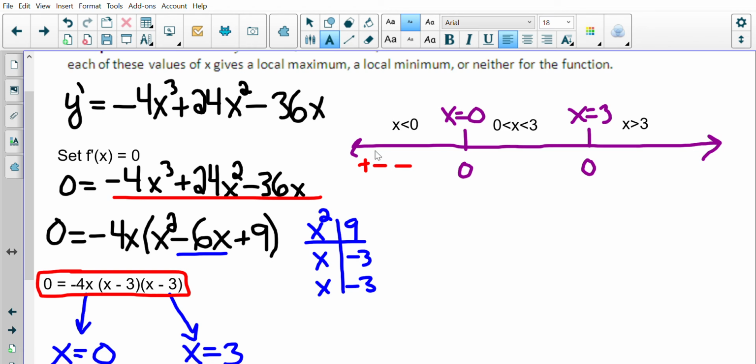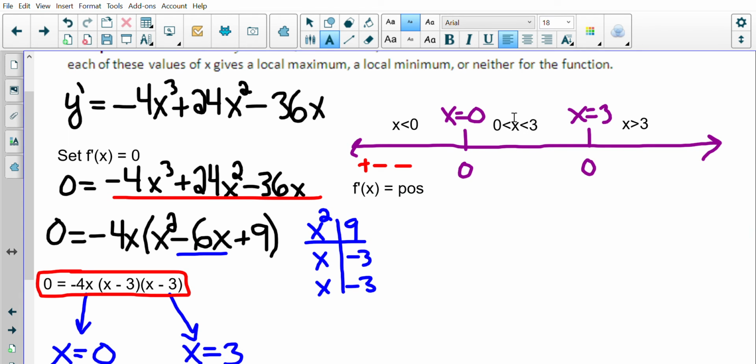So the derivative is positive. All right, so our function is increasing there.